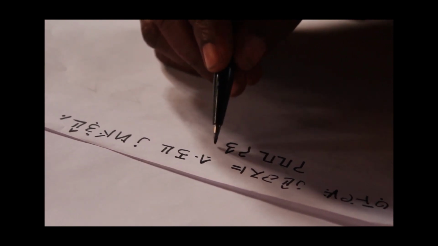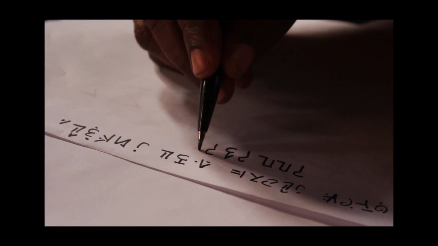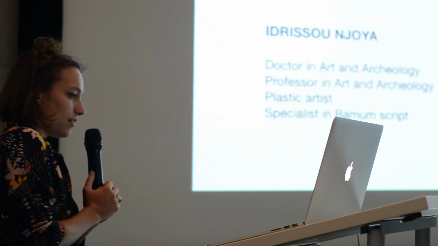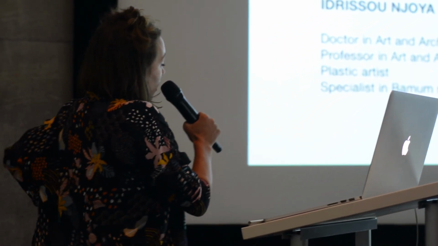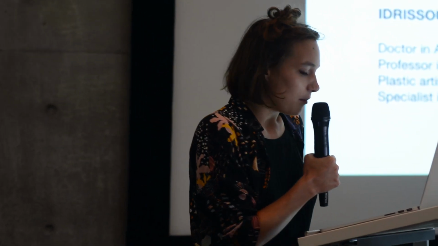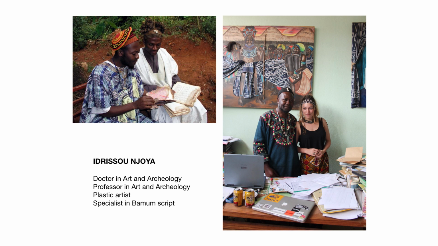A few minority, but it still exists, and they are fighting for its distribution. So I mainly work with Iriso Njoya, who is a specialist of the Bamum alphabet and the Bamum writing system.